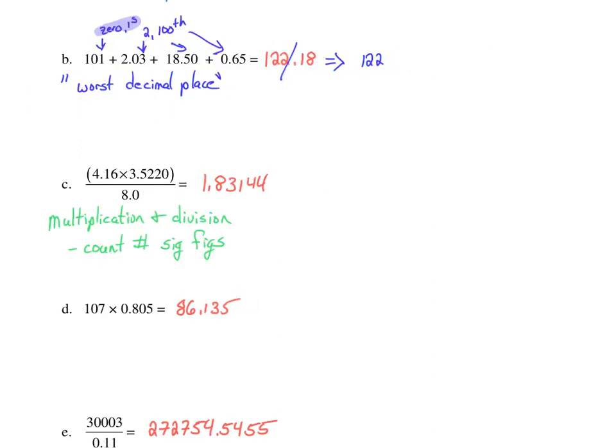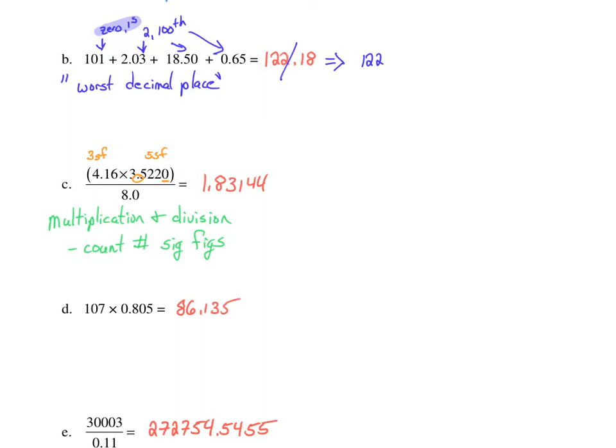In problems involving multiplication and division, we count the number of sig figs in each number leading to our result. You see here we have 3 sig figs. This number has 5 sig figs. We see that there's a trailing 0. However, this number contains a decimal point, so that 0 is significant.